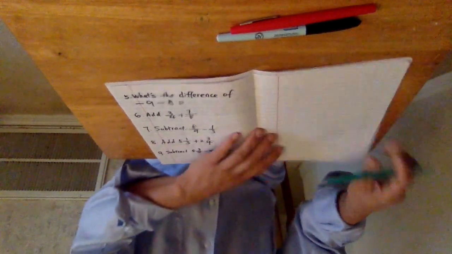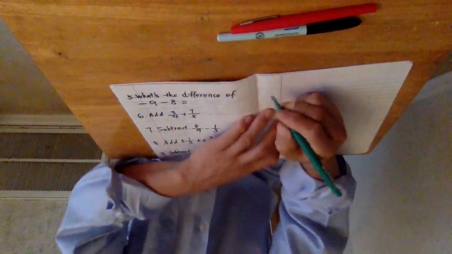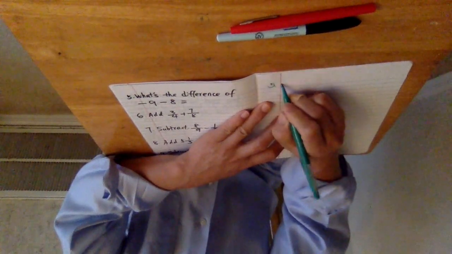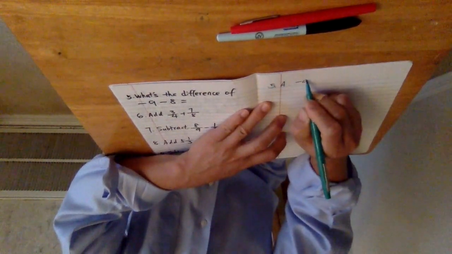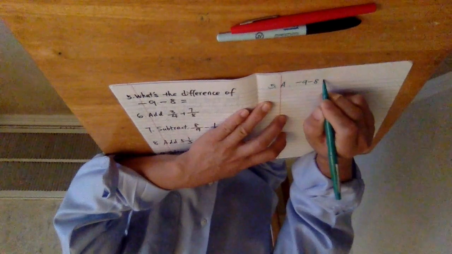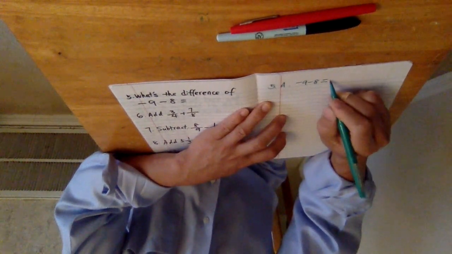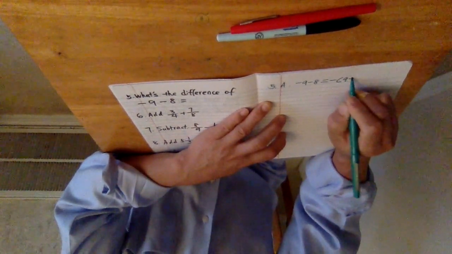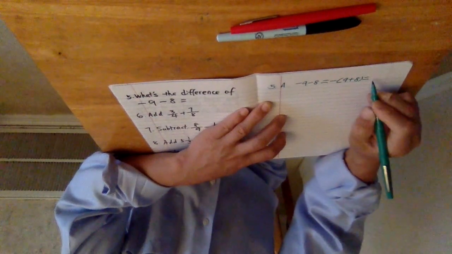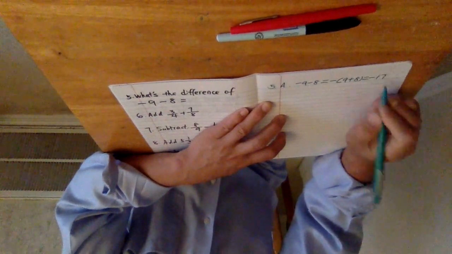What's the difference of negative 9 minus negative 8? When you are subtracting negative numbers, both negative, you put the negative sign in front of it, then 9 plus 8 equals 17. The answer is negative 17.